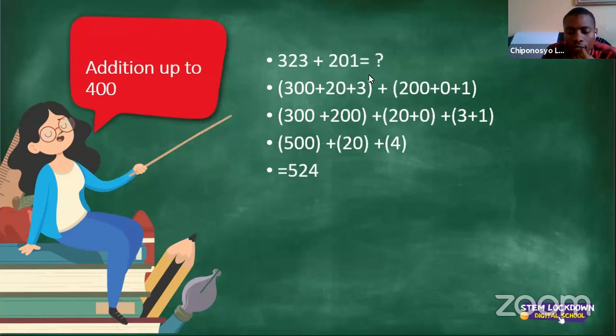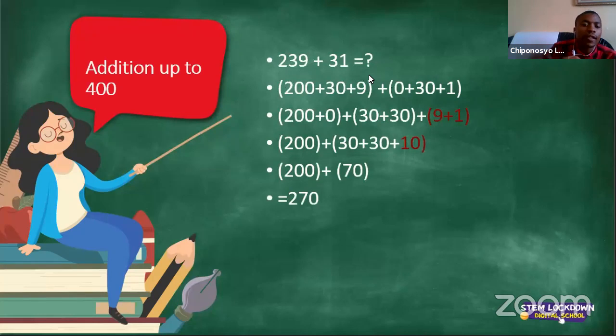The next question, we did this one, did this one. All right. So please, this one, also please write it down. Let me go back up here quickly. 239 plus 30 plus 31. Please write this down.